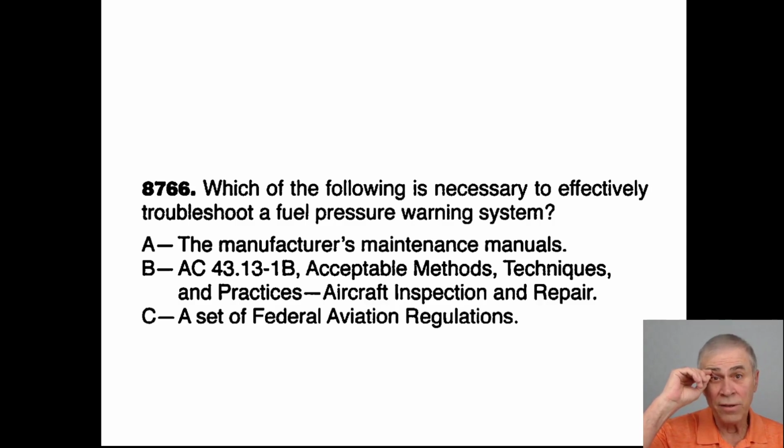Which of the following is necessary to effectively troubleshoot a fuel pressure warning system? Okay, you want to make sure that warning system, you want to make sure the light comes on at the proper pressure. So what are you going to refer to? Are you going to refer to the manufacturer's maintenance manuals? Not a bad answer for any of these questions.